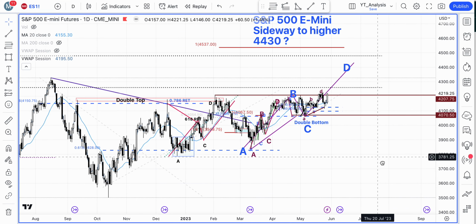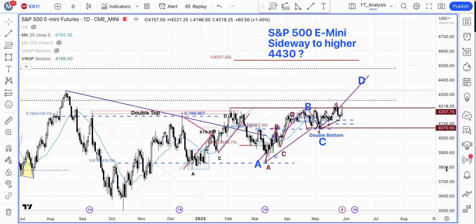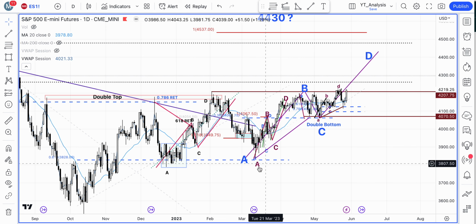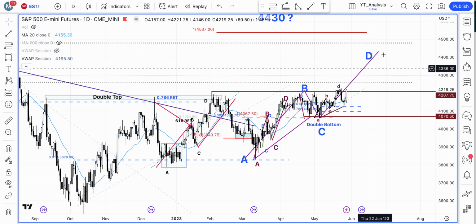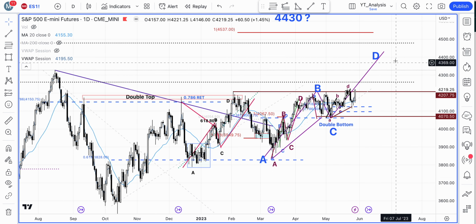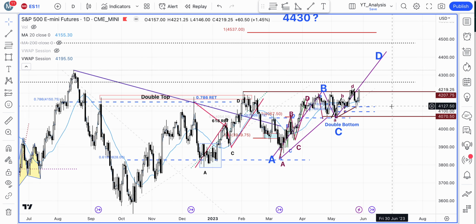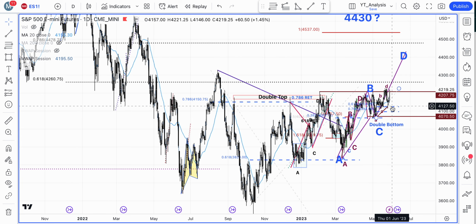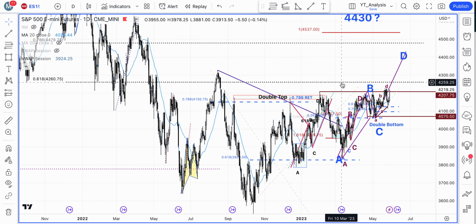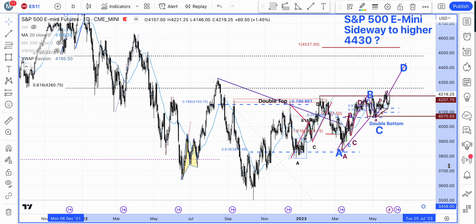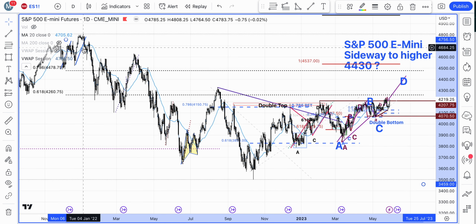So there we go. Again, we believe that we are moving in this ABCD formation, highlighted in blue, which can actually take us much higher, to around 44.30. But we do have some resistance coming in. And one of the key things is that we have this 61.8% Fibonacci retracement coming in from the highs reached back on 4th of Jan 2022.